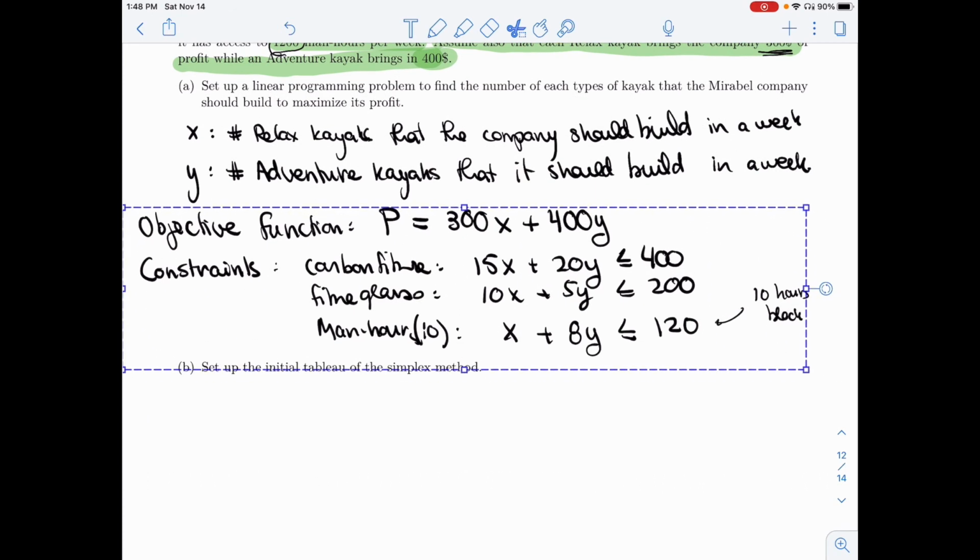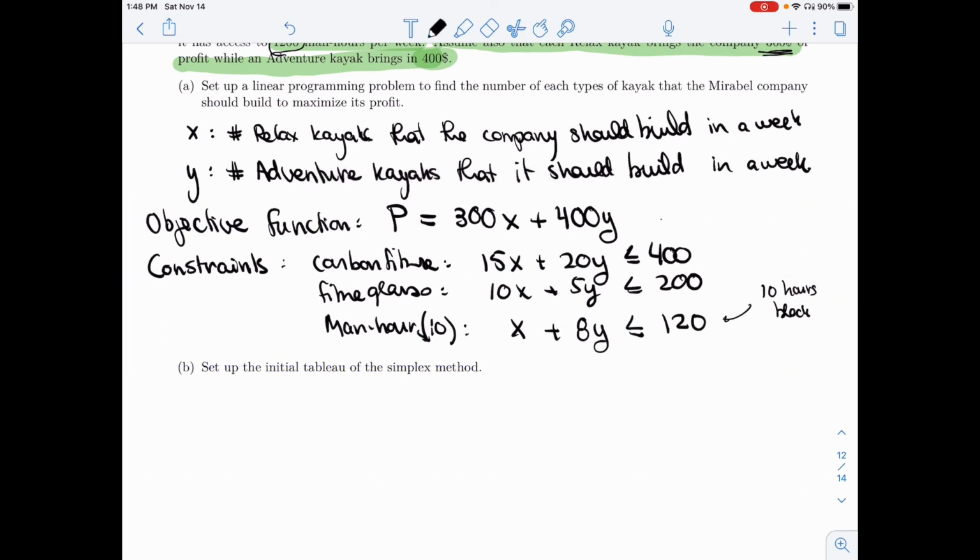Here is our linear programming problem, and of course x and y need to be nonnegative. It doesn't make any sense to produce a negative number of kayaks. That's for part A.